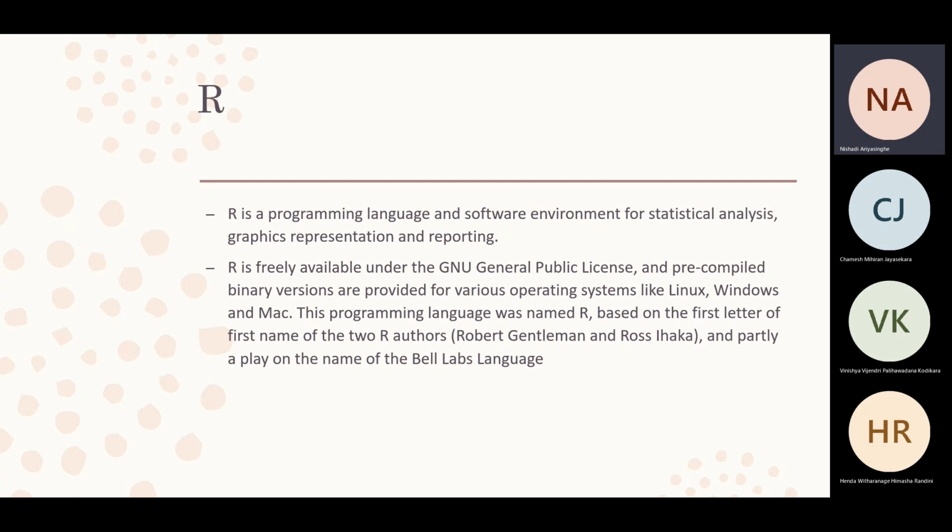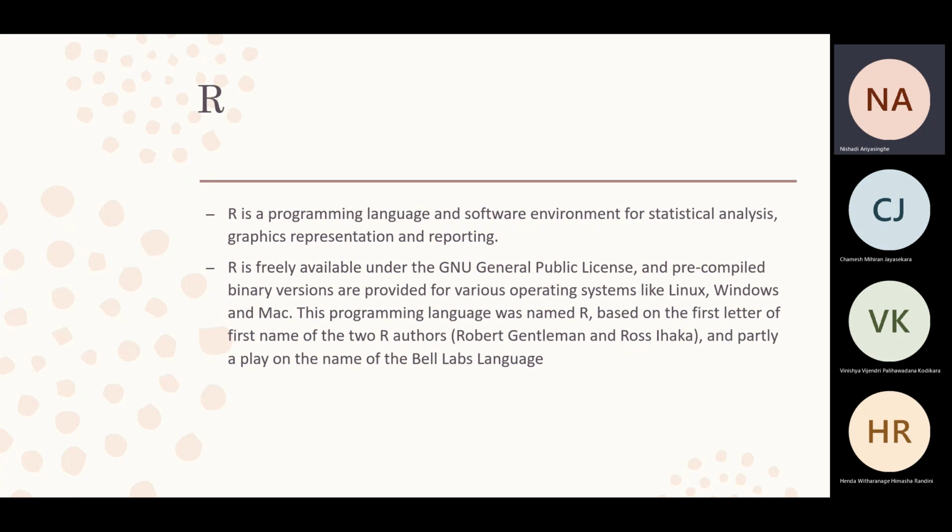Right. So R is freely available under the GNU general public license, and precompiled binary versions are there. So you can use R in Linux, Windows, Mac, any operating system. This programming language was named R based on the first letter of the first name of two R authors.